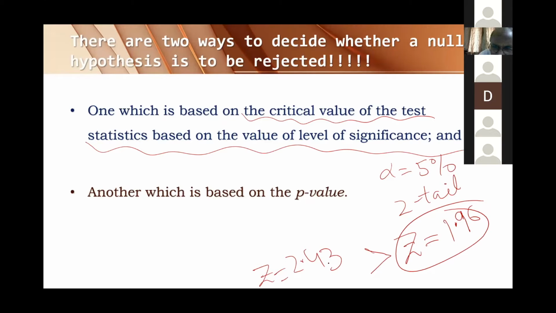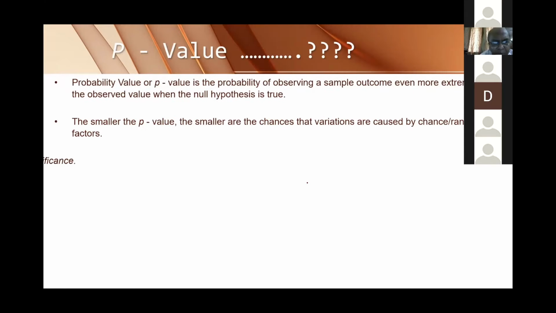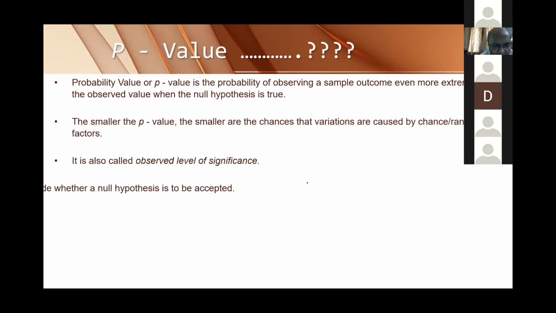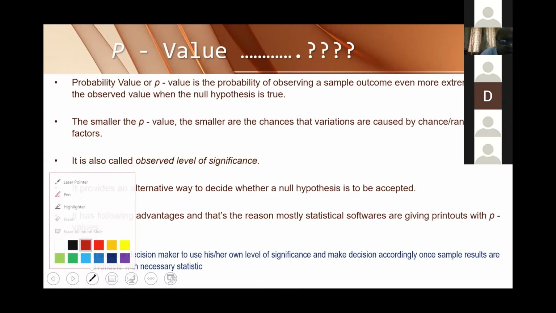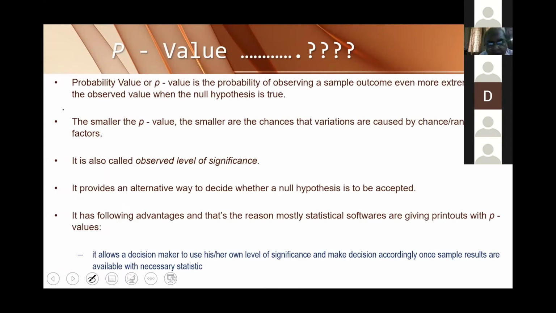Another way of accepting and rejecting null hypothesis is the probability value or the p-value. So now let's understand the concept of the probability value. The probability value is the probability of observing a sample outcome even more extreme than the observed outcome when the null is true.